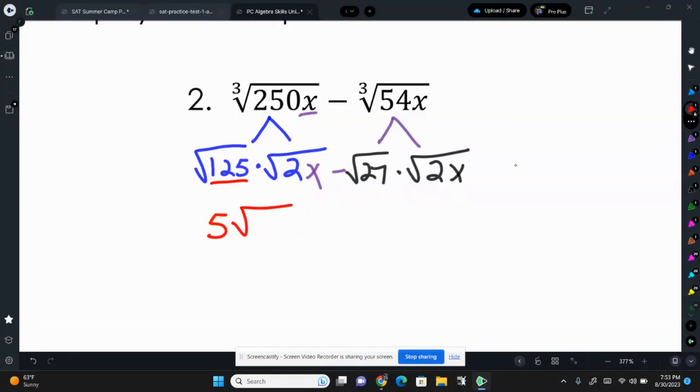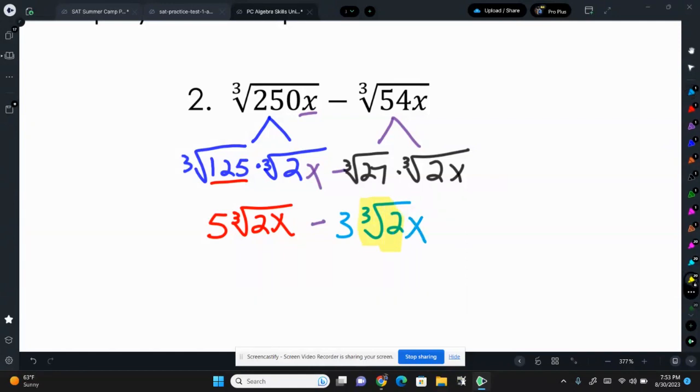So we have 5 times the cube root of 2x. I'm sorry, let me go back and fix those. Cube root, cube root, cube root, cube root, and this would also be the cube root, minus the cube root of 27 is 3. So we have 3 times the cube root of 2x.